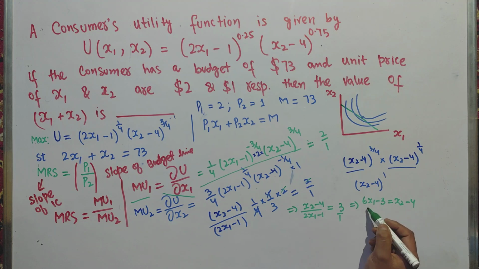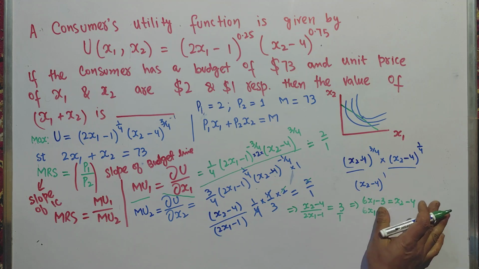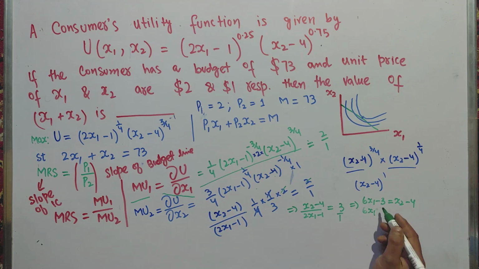Which implies solving for x1, or let us solve for x2, that transposing this here, so 6x1 minus 4, sorry, minus 3 plus 4 becomes 1. This is x2. Okay, now we plug the value of x2 into the budget constraint.